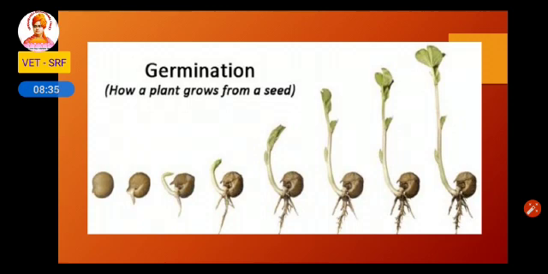So using all these, the seed will begin to grow. It will produce a root which fixes the seed firmly to the soil. After fixing the seed to the soil, the shoot will arise and then it will grow into a new plant.